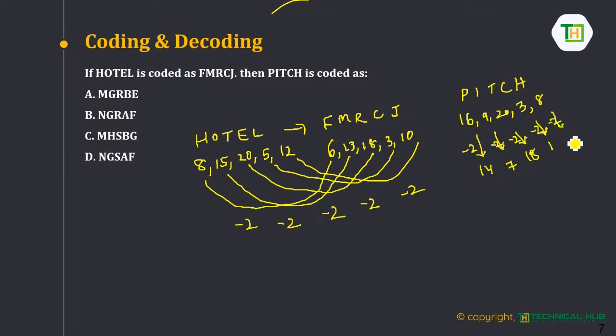And 8 minus 2 means 6. With respective alphabets, 14 means N, 7 means G, 18 means R, 1 means A, 6 means F. So finally the answer is NGRAF. Given the options, B is the correct answer.